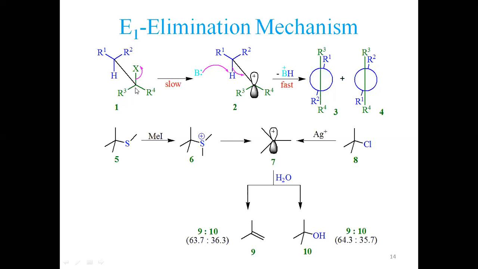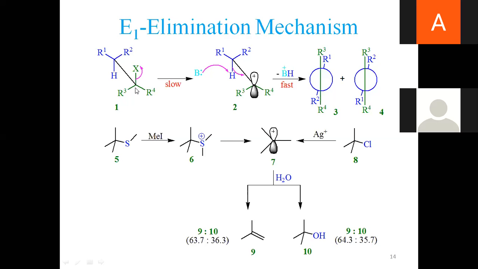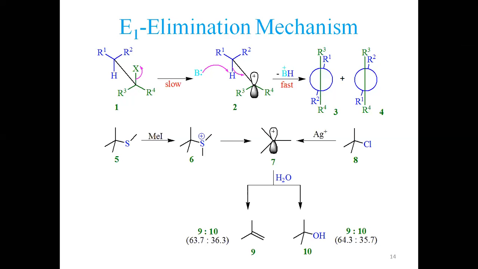In the first step, no base is involved. In the slow rate-determining step, only the substrate is present, no base. If we double the concentration of the base, it shall be zero order. This is why it is called E1 elimination.